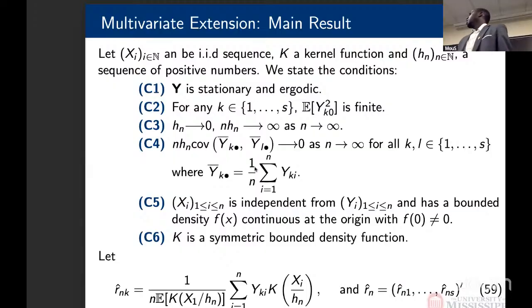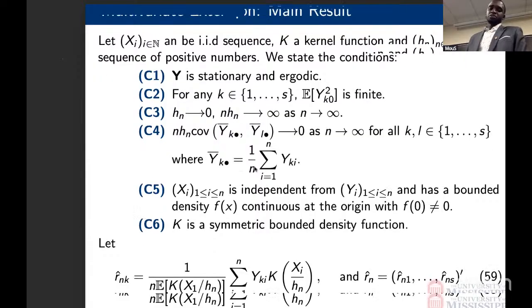So if we define Rnk and Rn by equation 59, then we are ready to establish the first result on that general stochastic process.